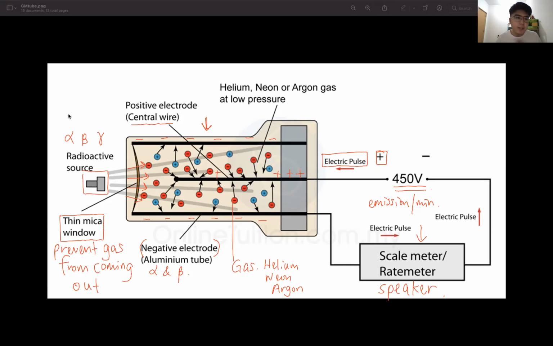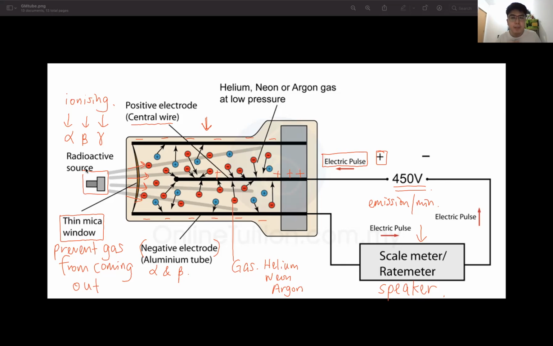Because any one of these three can ionize. They are all ionizing radiation. Not only alpha can ionize, gamma also can ionize, but not as strongly as alpha. So the sound that you're hearing could be alpha, beta, or gamma, but we are not able to tell using the GM tube.